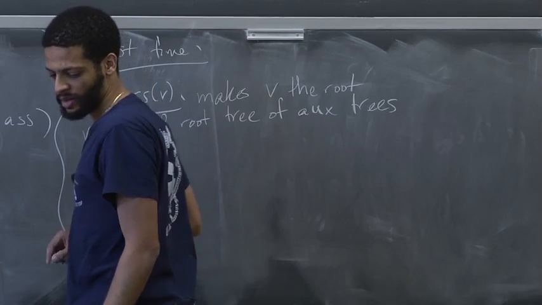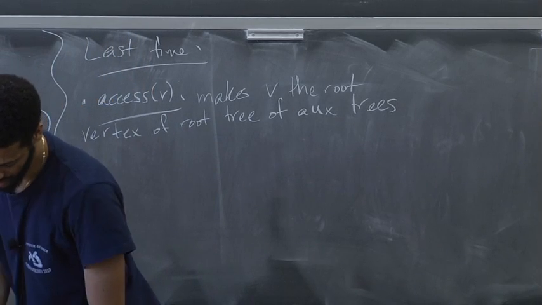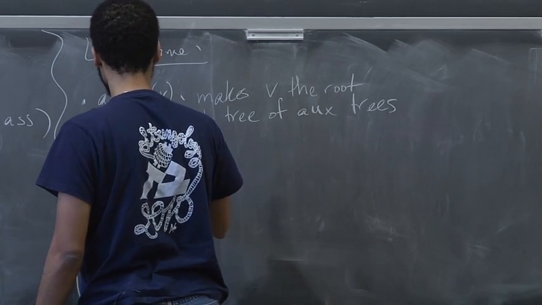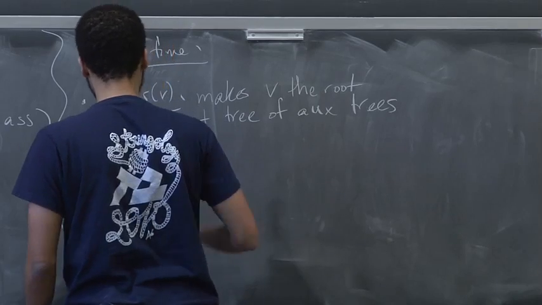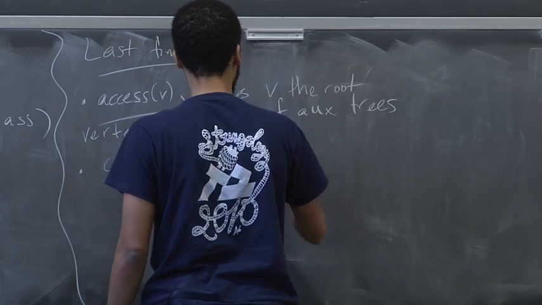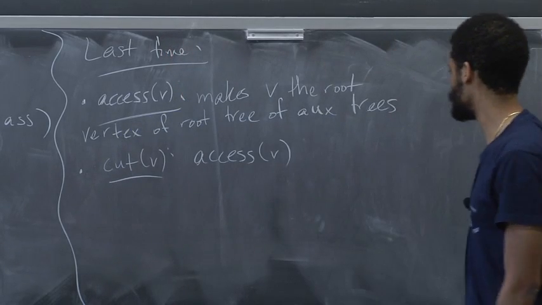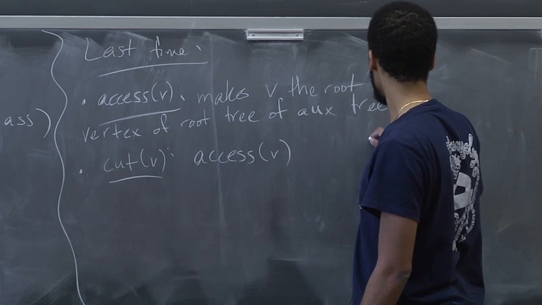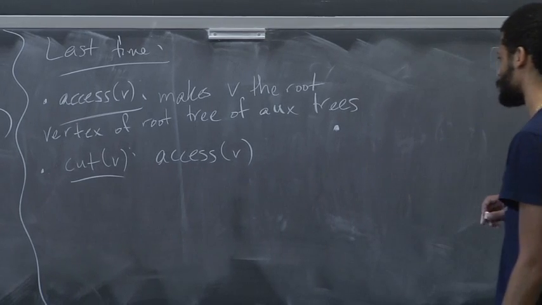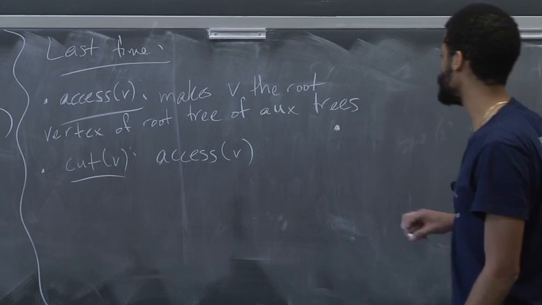And then we had a couple other operations. Let me write cut and link again. So cut first did access. Now what's the picture here? V is here.